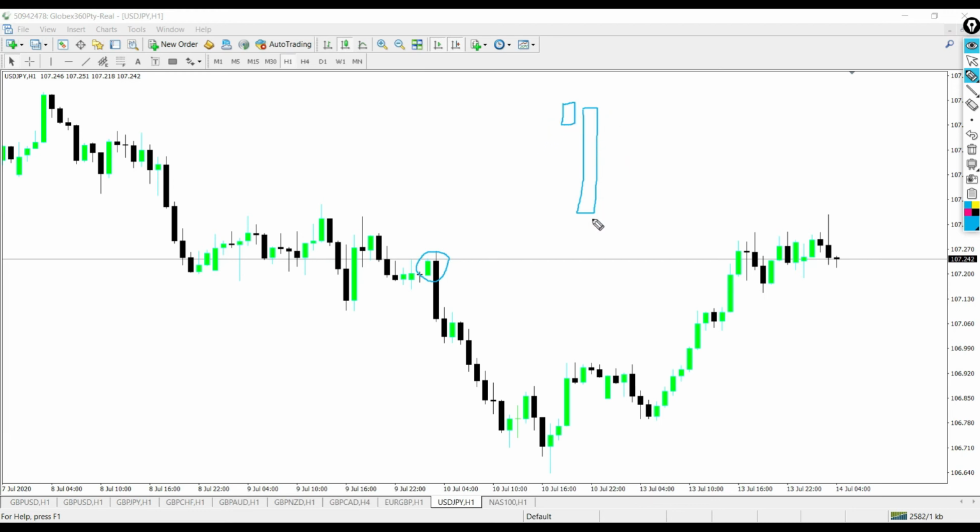This is what we call an engulfing candlestick, simply because this candle engulfs this one. And you see this type of market, you know you're going in for a sell. Now you see this type of market, I know you're going in for a buy. So this is how simple Forex is with these candlesticks.